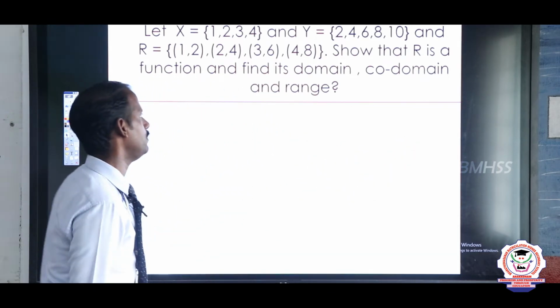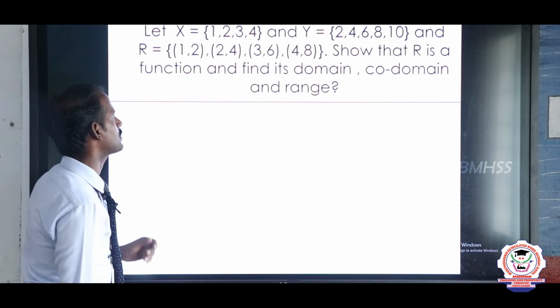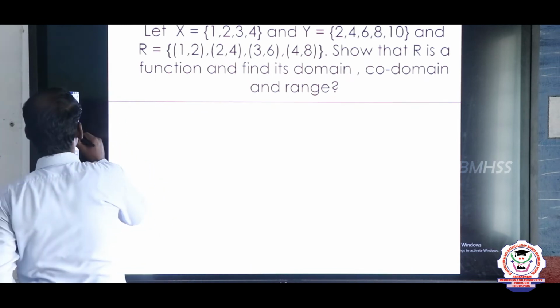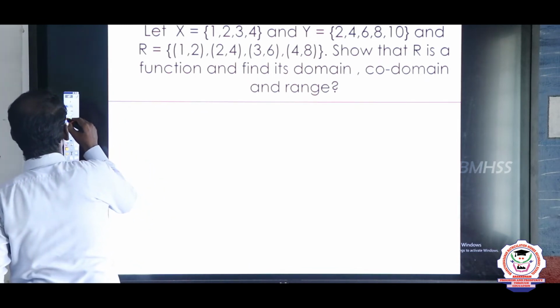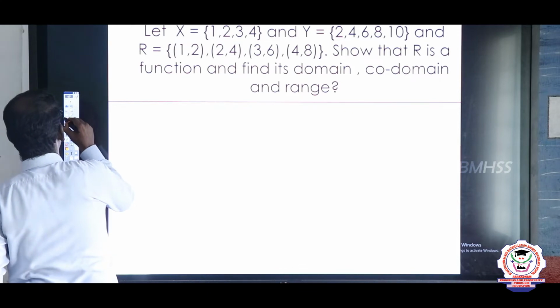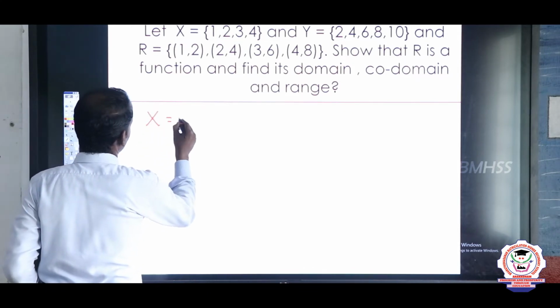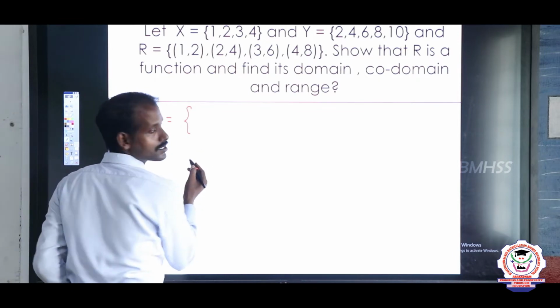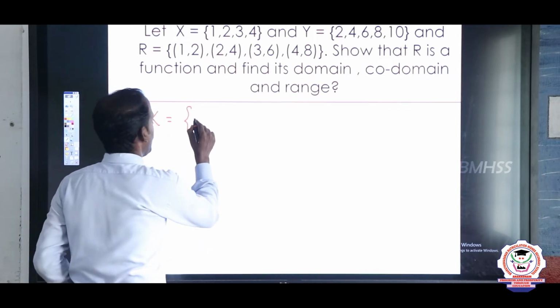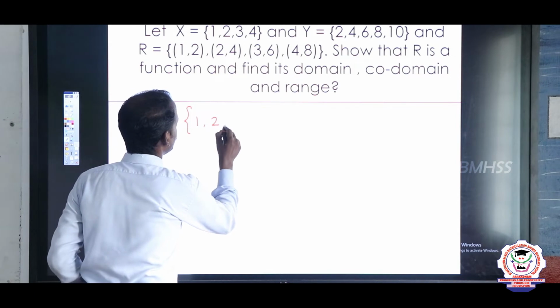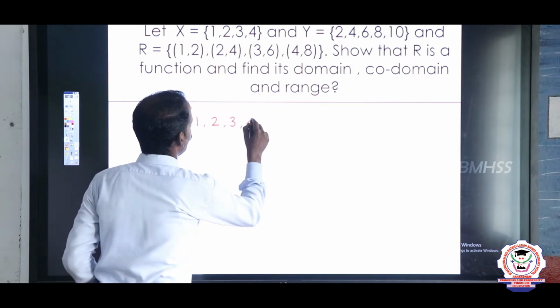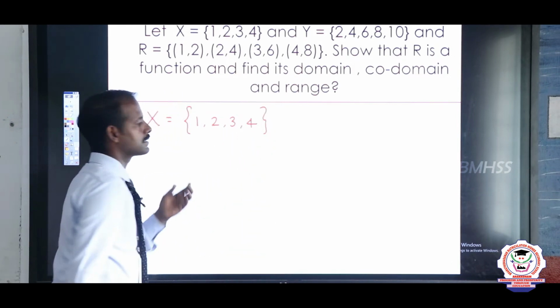The first question: show that R is a function. First of all, I will write the X set. X is a set. So what are the elements? X is 1, 2, 3, 4. That is the X set.